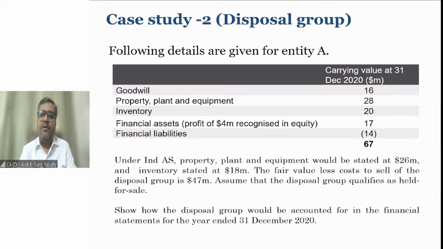Before discussing this question of disposal group, please let me know how many of you have already attended the session on Ind AS 36 impairment of assets. How many of you are aware about cash generating unit? How many of you know how to allocate impairment loss in the cash generating unit?